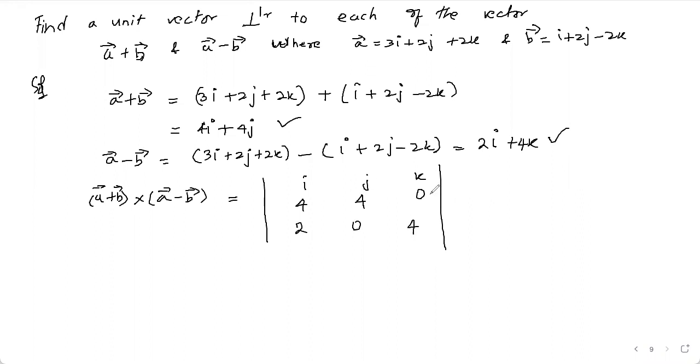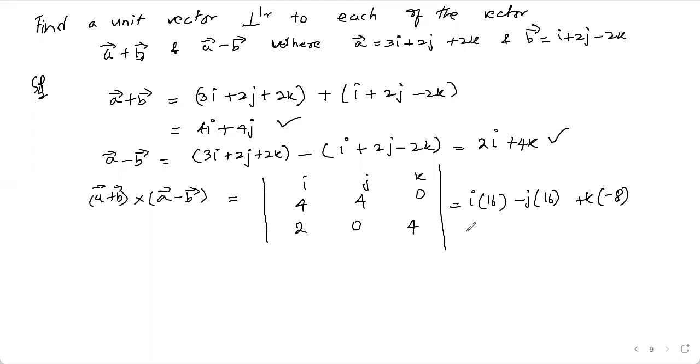So I would get i into 16, the other term is 0, minus j into 16, and k multiplied into minus 8.